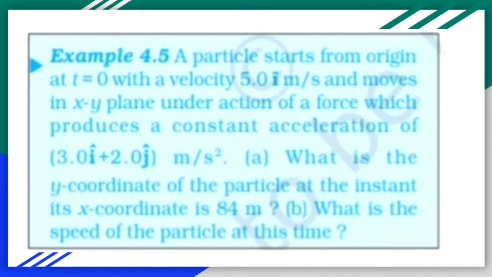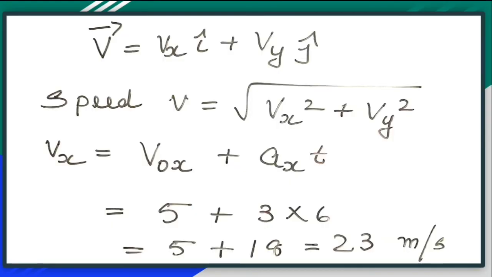We know the second question is, what is the speed of the particle at this time? So to find the speed of the particle, we need to get v at that time, t equal to 6. If vector v is vx i plus vy j, speed v is given by the magnitude of vector v, that is root of vx square plus vy square, where vx is v0x plus ax into t.